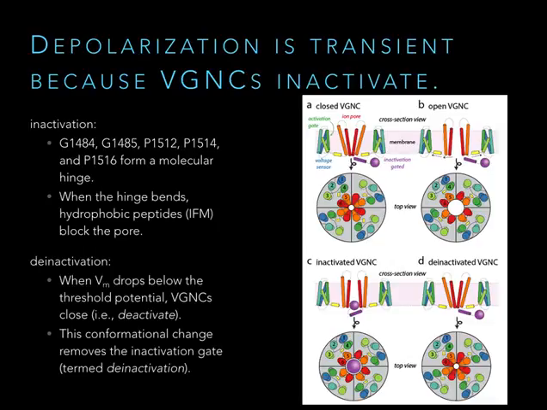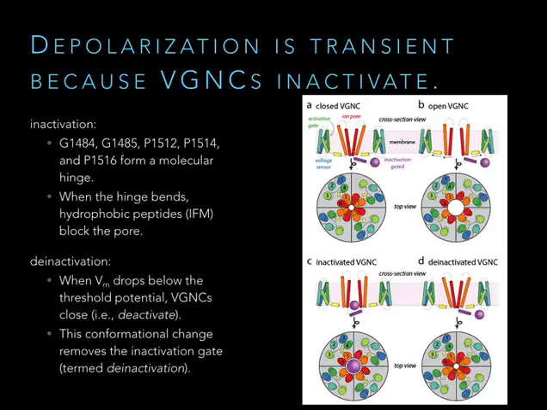In C, we can see the inactivation that occurs. Because the ion pore is open, that purple inactivation gate's flopping around, and that little ball there, those are our hydrophobic amino acids, and they stick in the pore only when it's open. Once we drop below threshold potential, transmembrane 4 goes back to its native conformation.